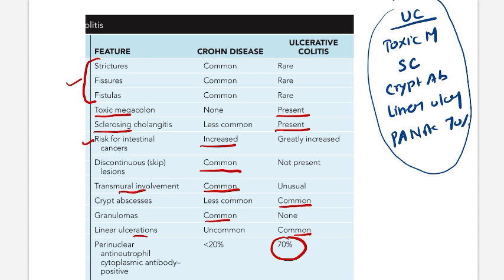The rest of the things, like stricture, fissure, fistula, risk of intestinal cancers, skip lesions, and transmural involvement, are more common in Crohn's disease.